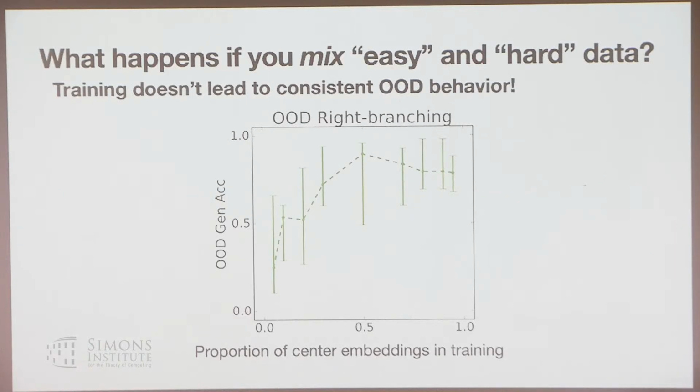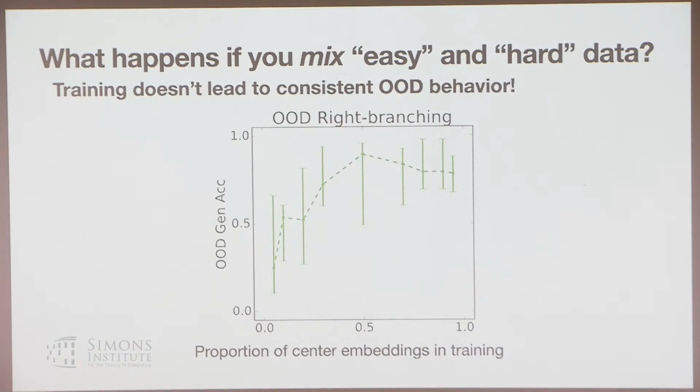But what actually happens if you mix easy training data with hard training data is that it doesn't lead to consistent out of distribution behavior at all. This is specifically looking at the right branching examples in the out of distribution data set, where you don't already have a center embedding that you're looking at.